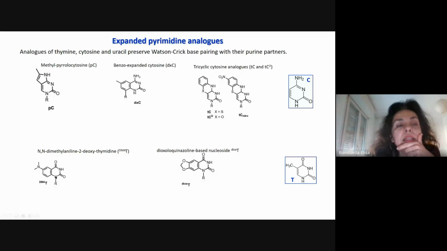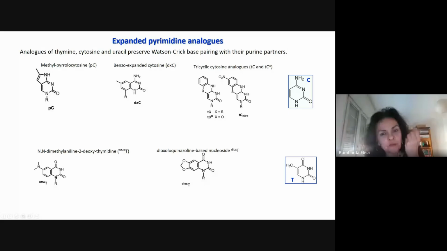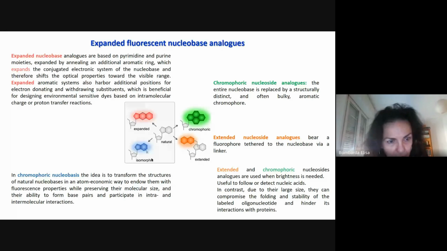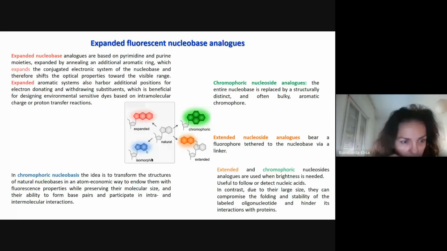And then the other very interesting category, of course, the name isomorphic is quite appealing. Sorry, I have to admit there is a problem here. There should be written isomorphic. Okay, isomorphic, so I insist on this side.